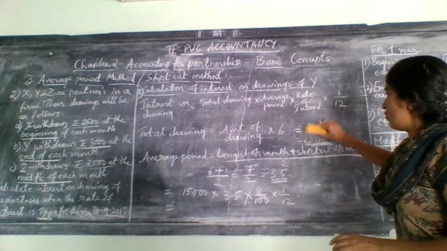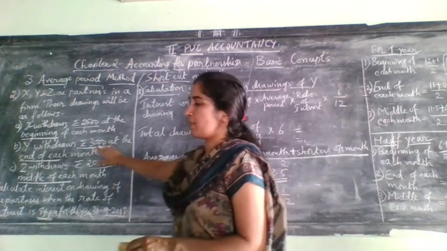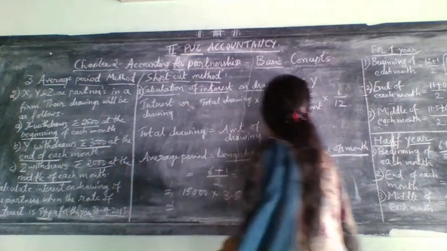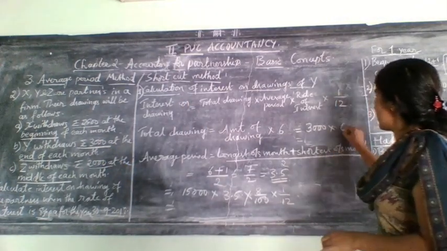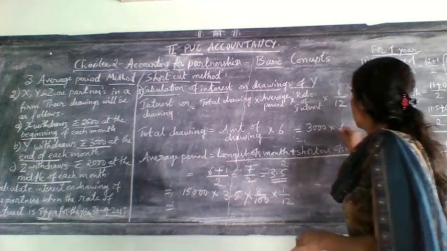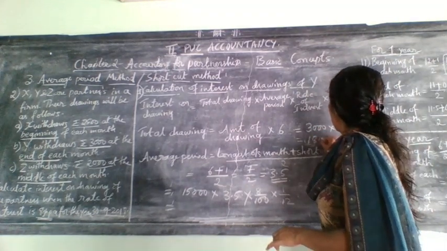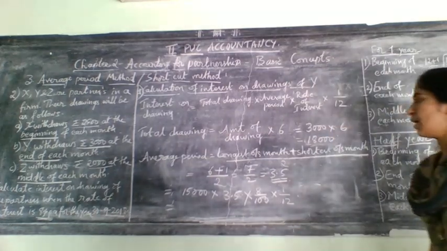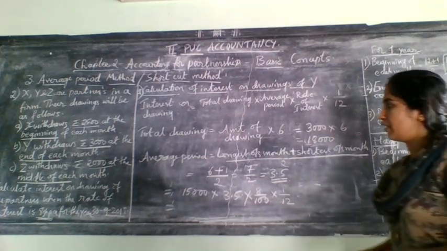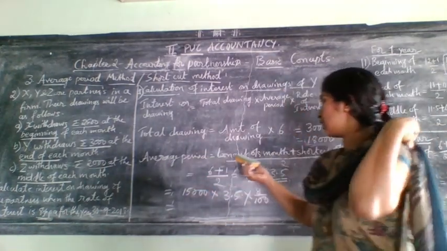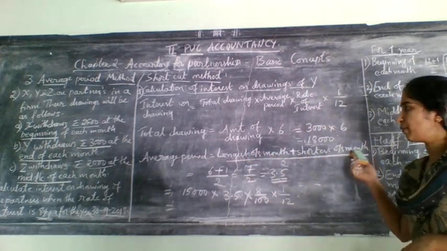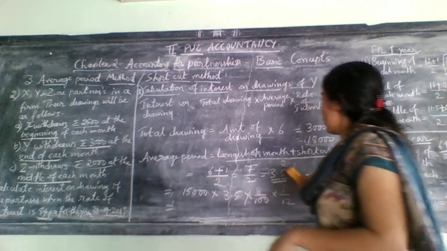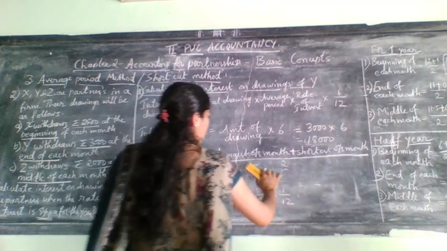So now amount of drawing. How much does he withdraw? He withdraws 3,000 rupees. So 3,000 into 6 will come to 18,000. Next one, average period: longest outstanding month plus shortest outstanding month divided by 2, as your table says.